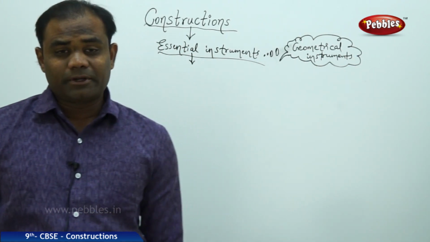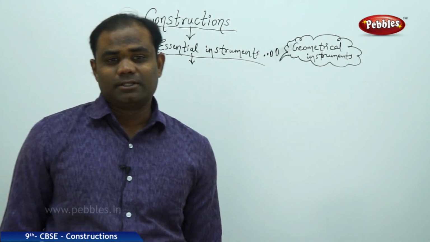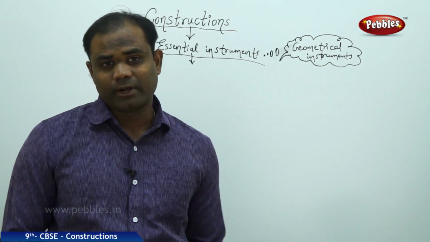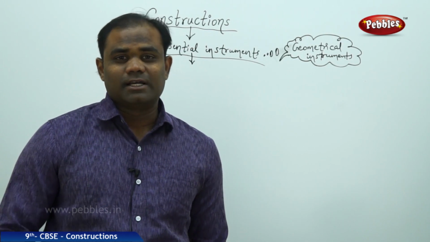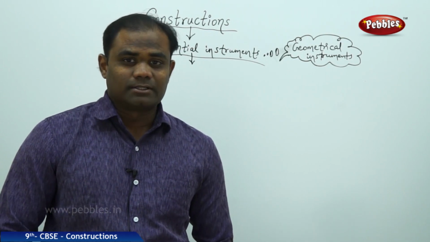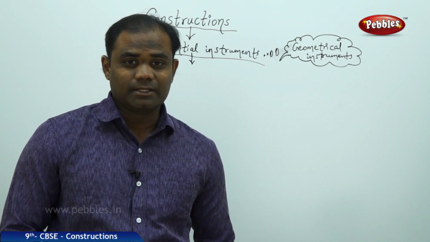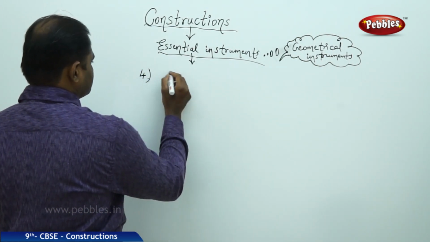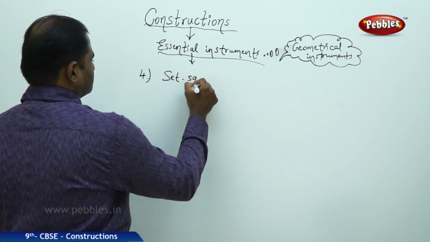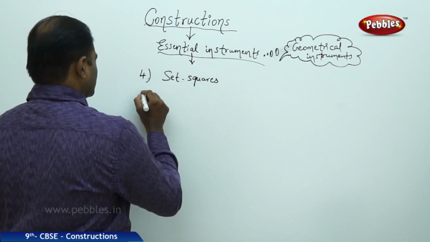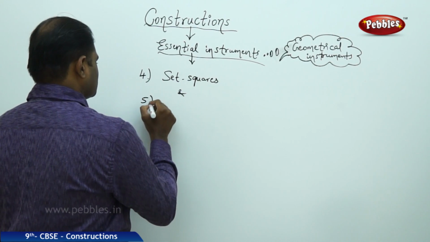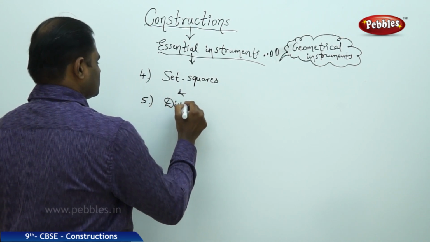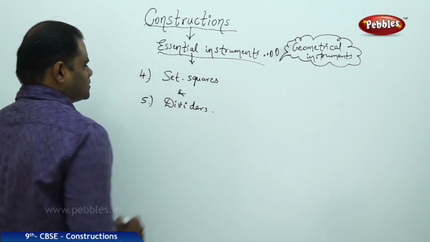Along with the three geometrical instruments which I have discussed, the ruler, the compass and the protractor, we also have the other set of instruments which are called set squares and dividers.